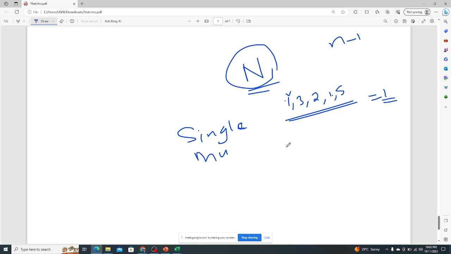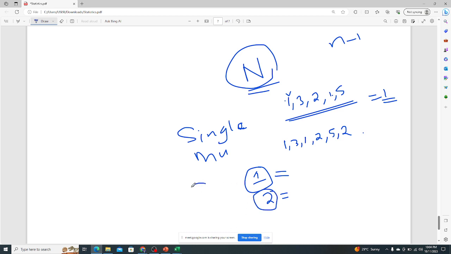Okay. What about when we are talking about 1, 3, 1, we have 2, we have 5, we have 2. What is our mod here? We can express 1 mod, and we can express 2 mods.